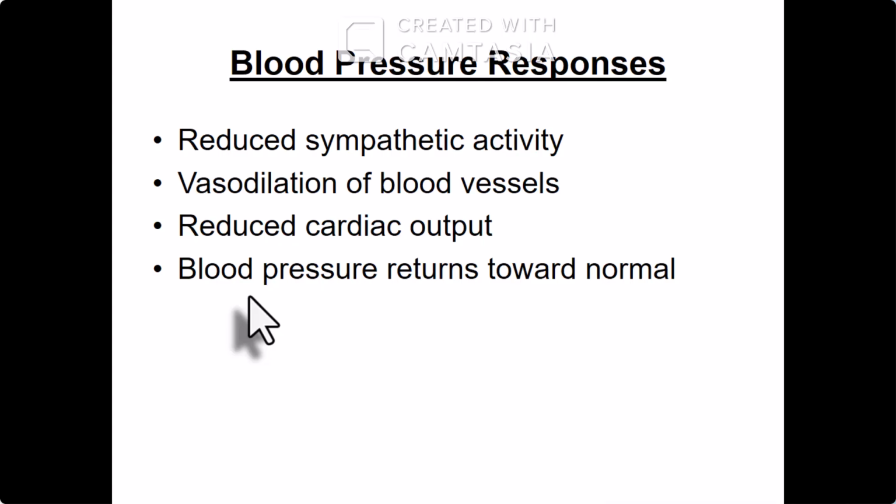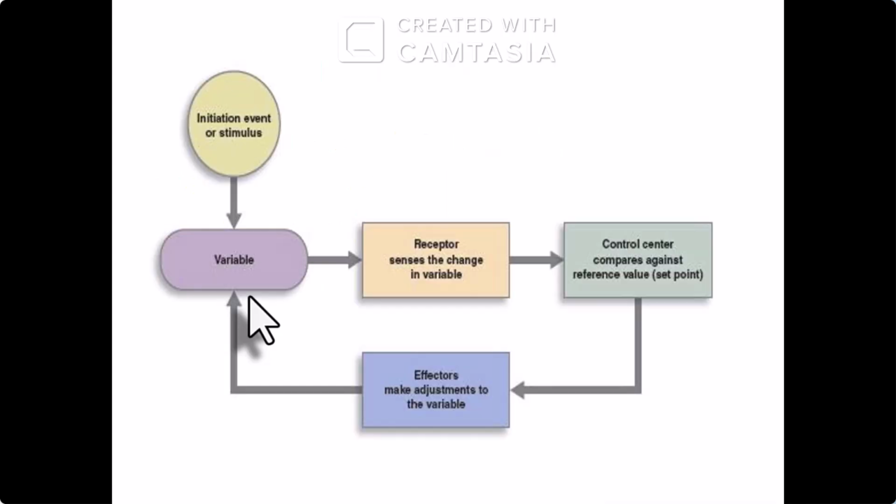Again, this is an example of negative feedback mechanism. The variable is an increase in blood pressure. This acts here as a stimulus. Then the receptors, which are baroreceptors, sense the change in the variable.